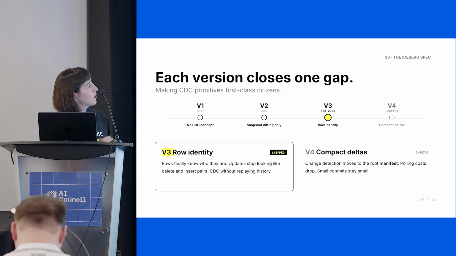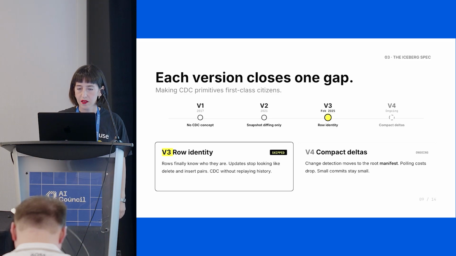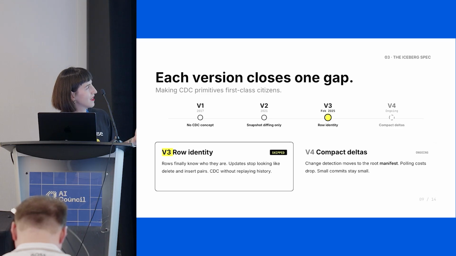And so making CDC easier on Iceberg has been a big topic for the new versions. And like I mentioned, with V3, it already feels possible to build something. It's not going to be a walk in the park, but the primitives are there, and you can do something with it.